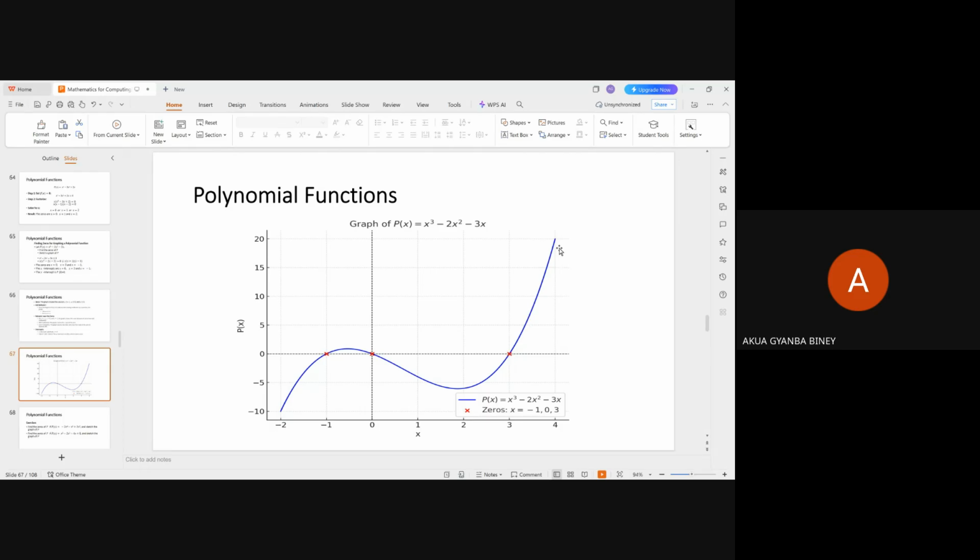So you can draw this side and that side. Now, in between the zeros, how do you draw it? Since you know it will cross, and it is falling here, it will rise and cross. Then it will cross again. So you can sketch the graph in between the zeros.